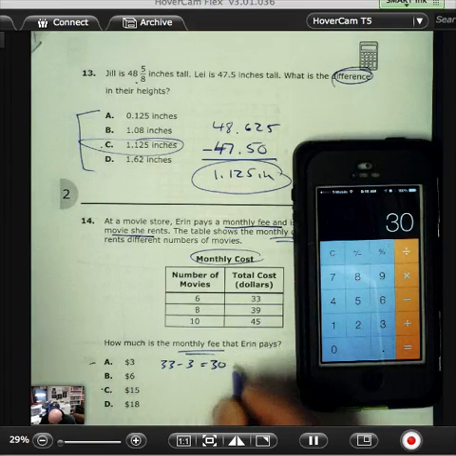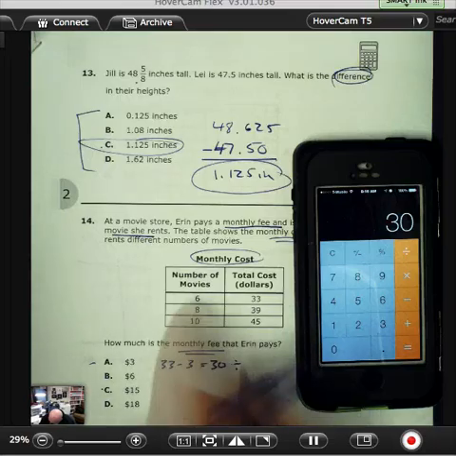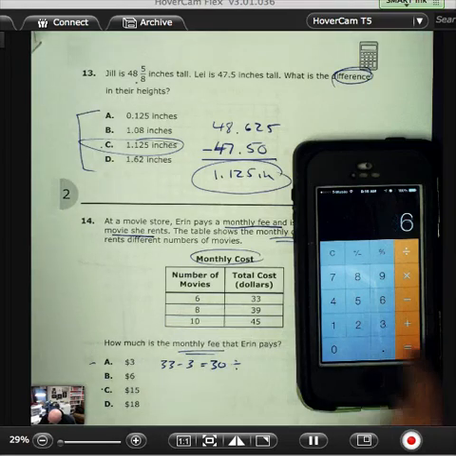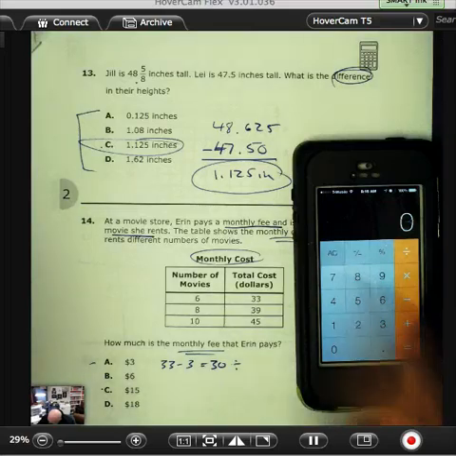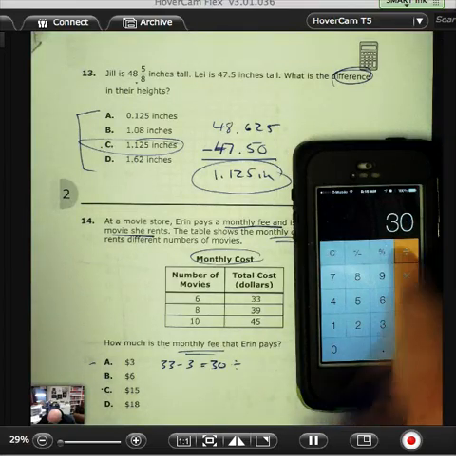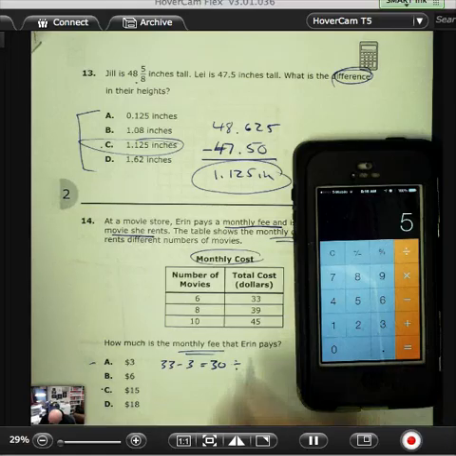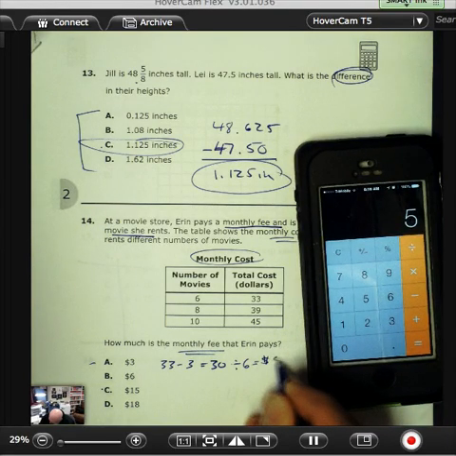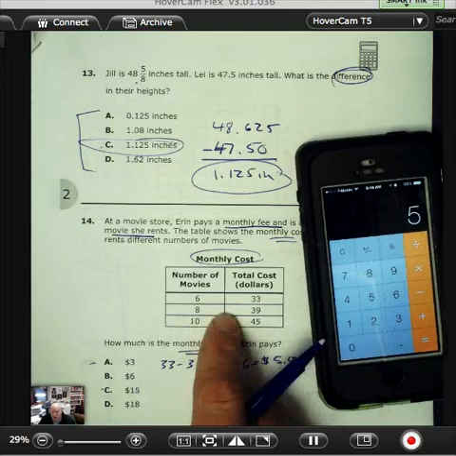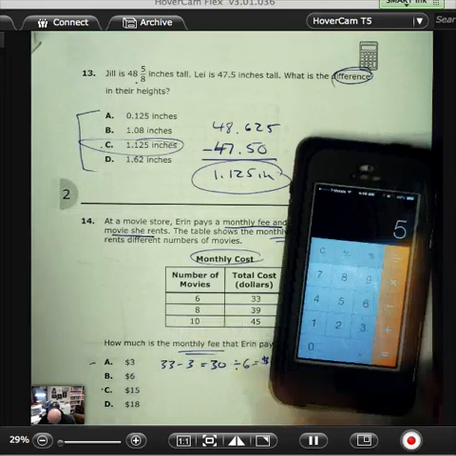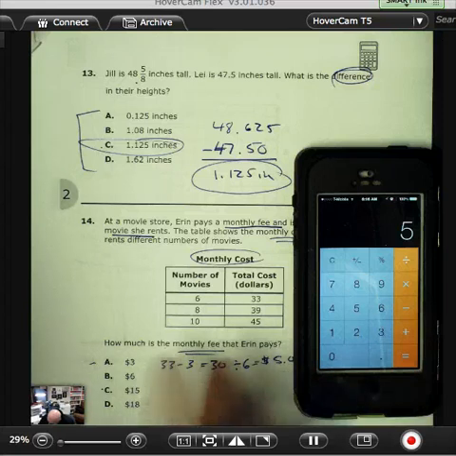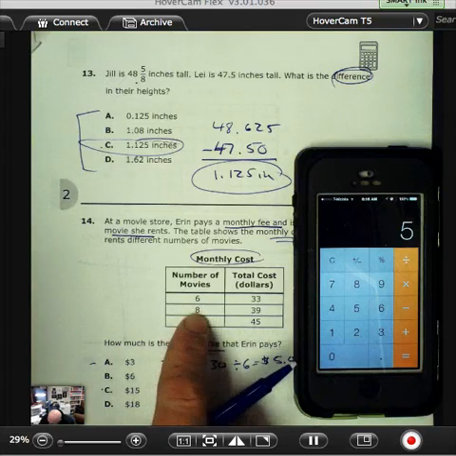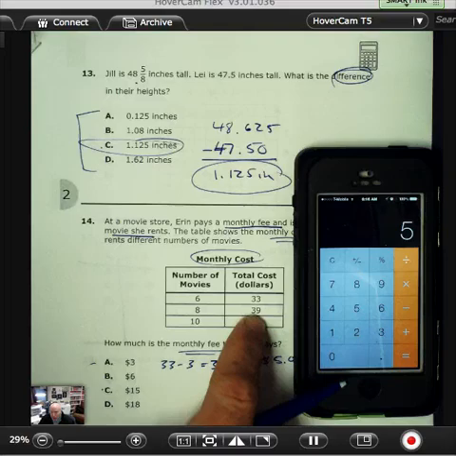And I'm going to divide that 30 by the 6, the number of movies. That'd be $5. Okay, so if this answer is going to work, it should work for the other ones too, because it has to work for everything. So let's take 8 times $5. 8 times $5 is 40. So it can't be this answer here.